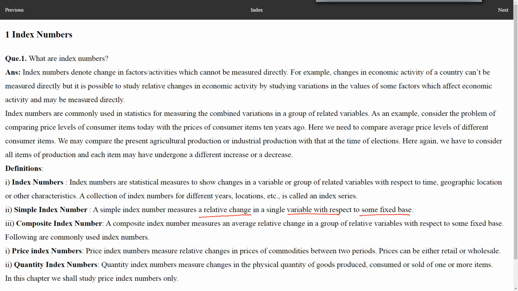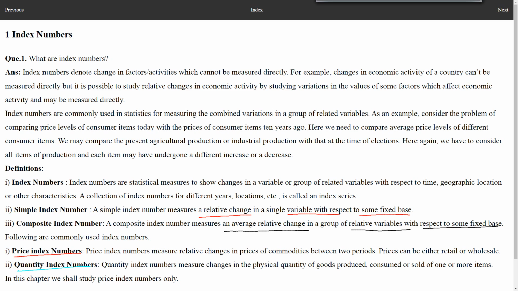A composite index number measures an average relative change in a group of related variables with respect to some fixed base. The following are commonly used index numbers. These index numbers are: first, price index numbers, and second, quantity index numbers.